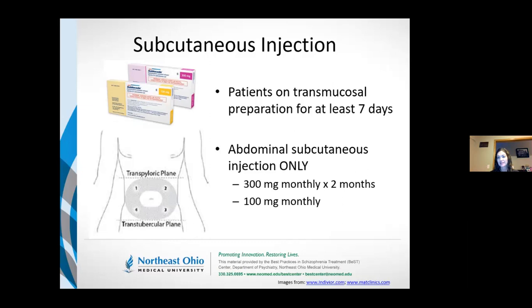At this point, that still is in the dosing recommendations, that they are on it for at least a week, at least according to what has been approved by the FDA. So it's an abdominal subcutaneous injection, 300 milligrams a month for the first 2 months, kind of as a loading dose. And then they can do either 100 or 300 milligrams monthly thereafter.